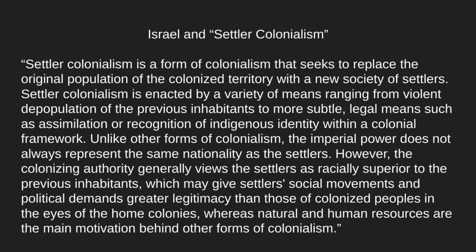The settlers would be the Jews, which England then would regard as, in some sense, superior to the previous inhabitants, which would be the Palestinians. And this is the kind of appeal we see taking place in this document by Herzl, which may give settler social movements and political demands greater legitimacy than those of colonized peoples in the eyes of the home colonies, whereas natural and human resources are the main motivation behind other forms of colonialism. So this really is what one has to consider.